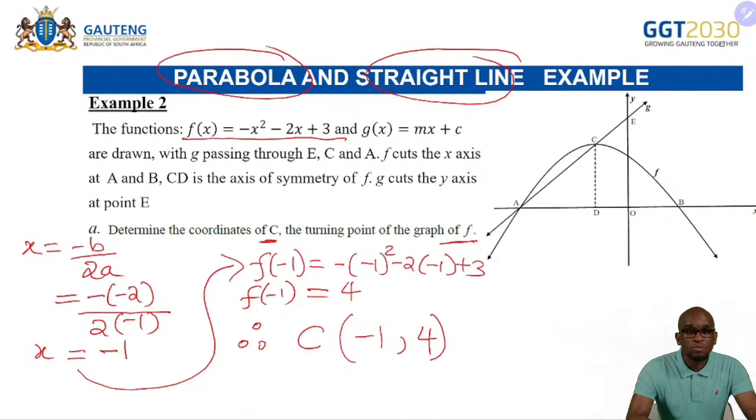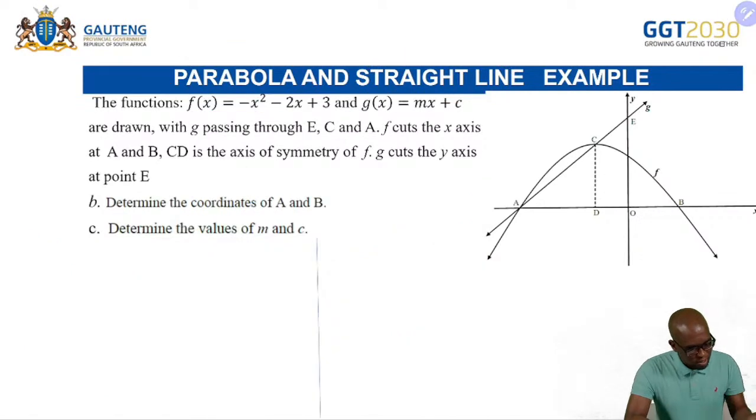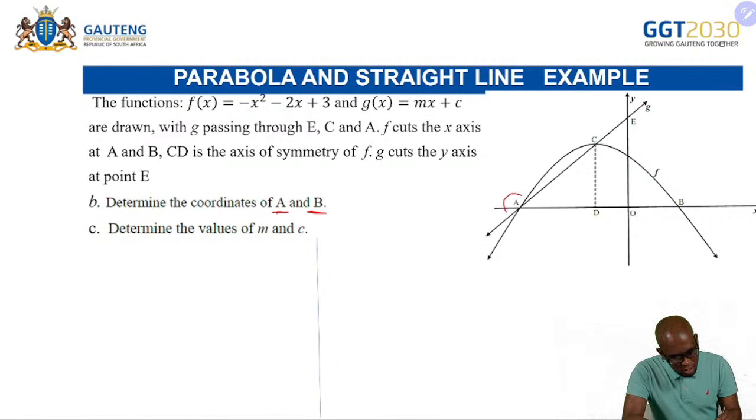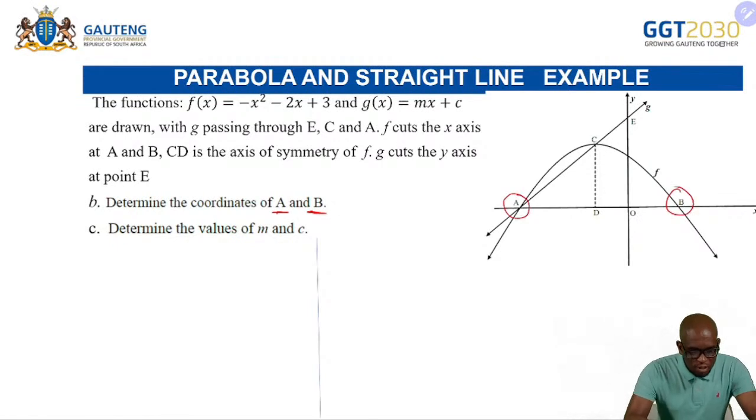Obviously, you can also make use of calculus there, or also completion of the square. Right, moving right along, determine the coordinates of A and B. If you check on this graph, A is a point of intersection for F and G, but also A is a common x-intercept of F and G, and B is the x-intercept.